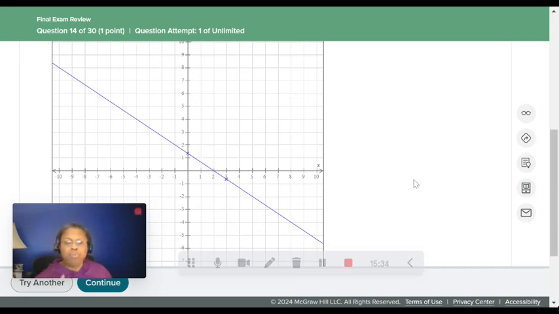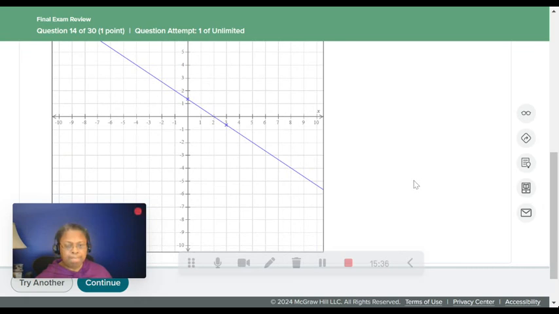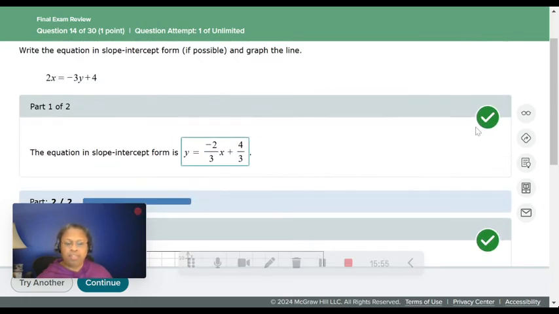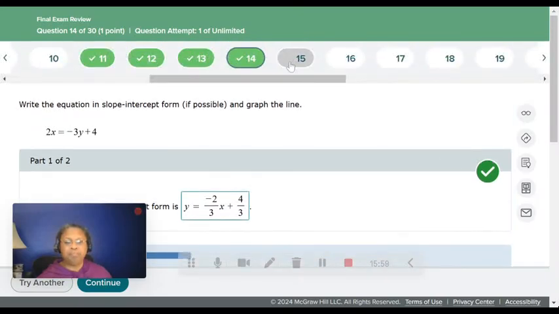So remember to utilize your resources. I used the plot a point. I calculated what my points would be after I found my slope, after I applied the slope, okay? So here's my line, and we know that that part was accurate and this part was accurate, so we're good to go to the next problem.